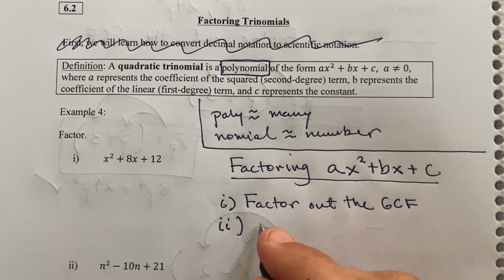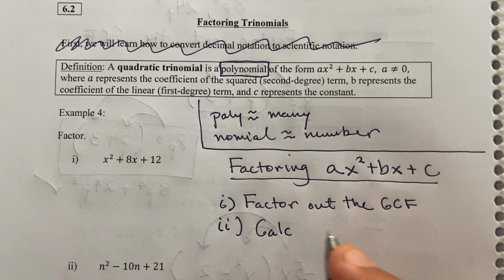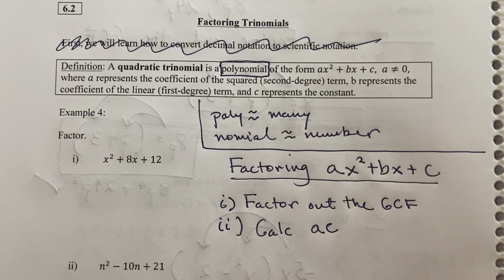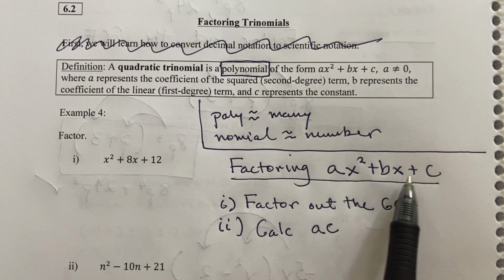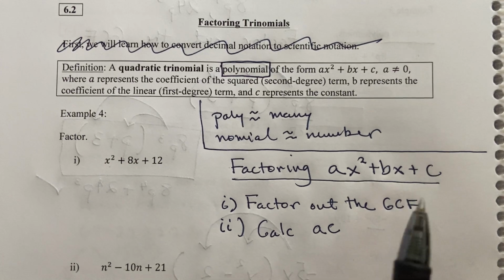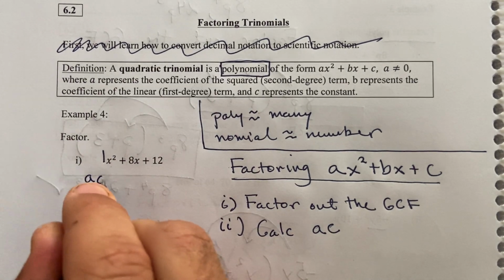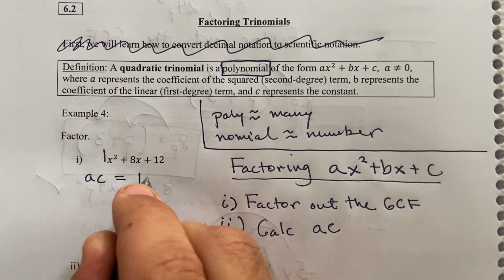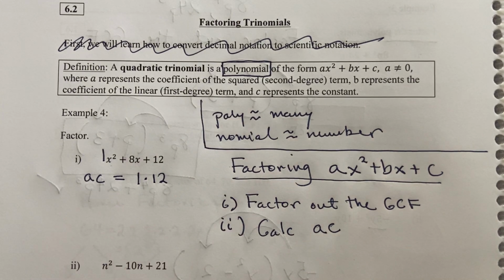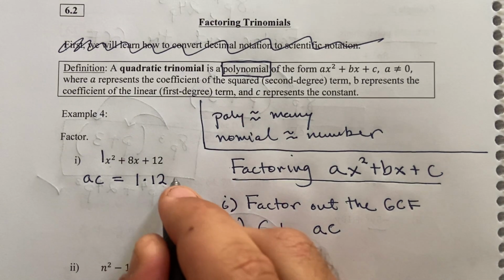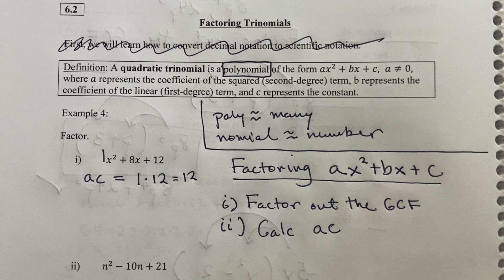So on to the meat of the method here. What you're going to do is calculate a times c. And what I mean is a times c. So for us, we have a 1 sitting there for a. So a times c in this case is 1 times 12. That is 12. Okay, so that's step 2.